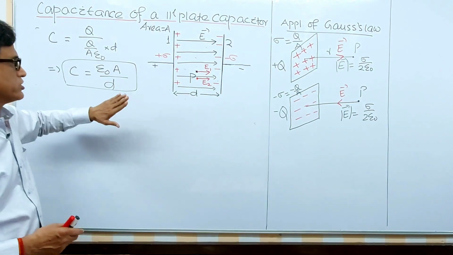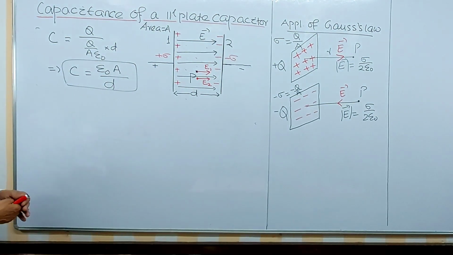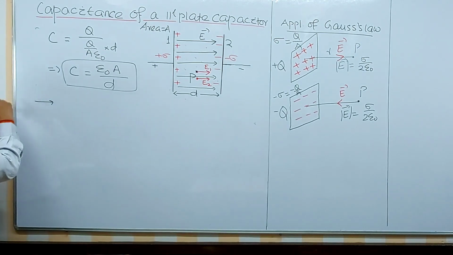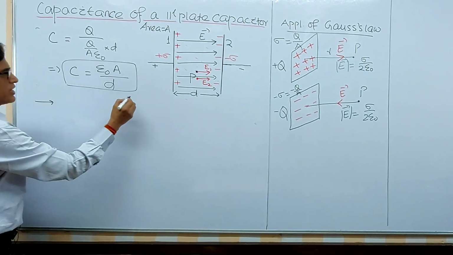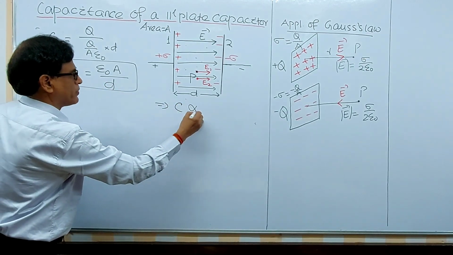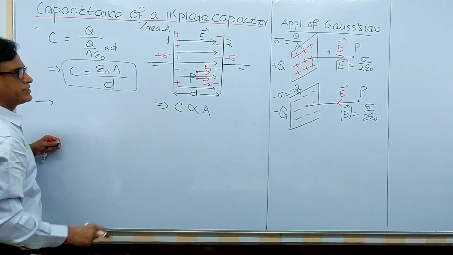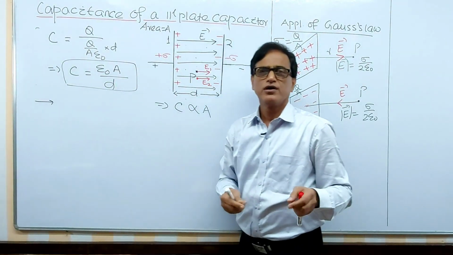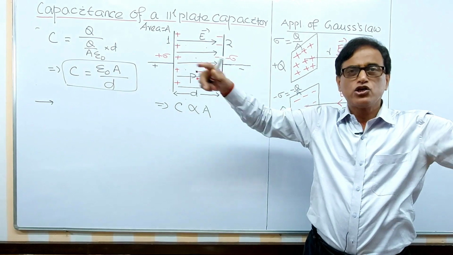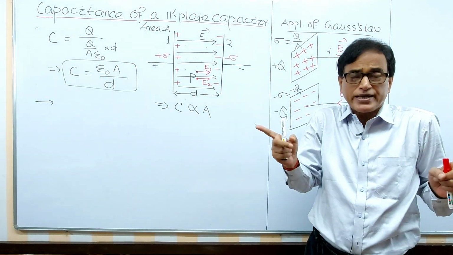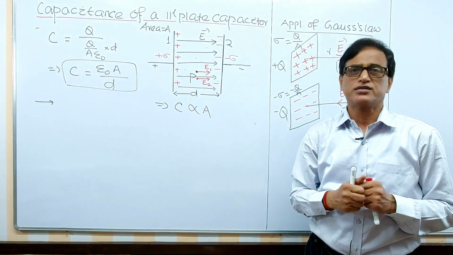Next, first you see this formula under consideration, number 1. First, we'll discuss some questions over this one. This clearly indicates that the capacitance of a parallel plate capacitor is directly proportional to area. It is very common sense. If you increase the plate area, you can increase the capacitance.